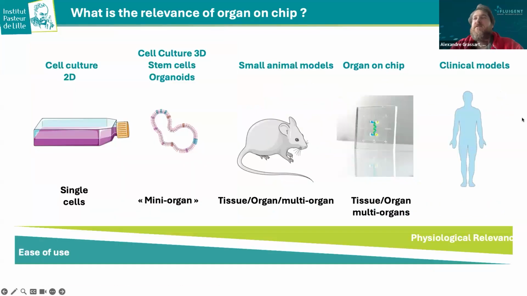These systems are actually placed by many above small animal models, because you can detect and analyze responses with human physiology that is not working with small animal models, but you still preserve the in vitro capacity. So basically it's offering the best of both worlds of in vitro and in vivo models.